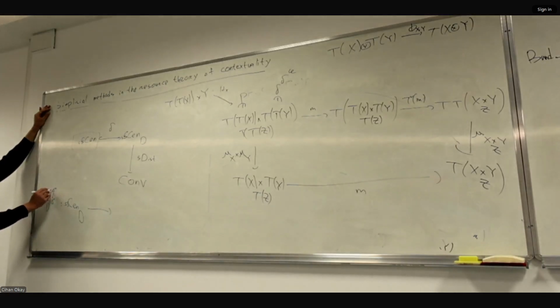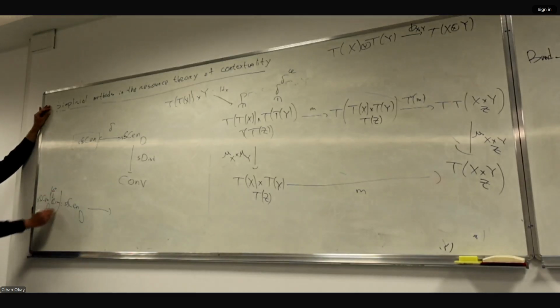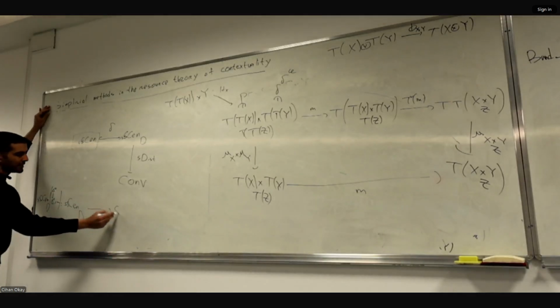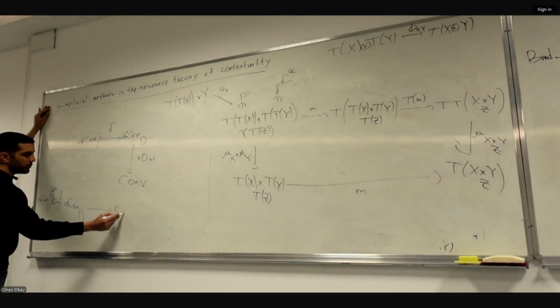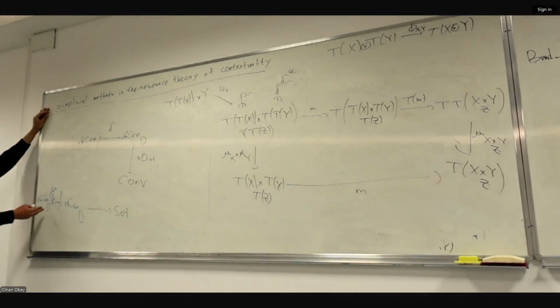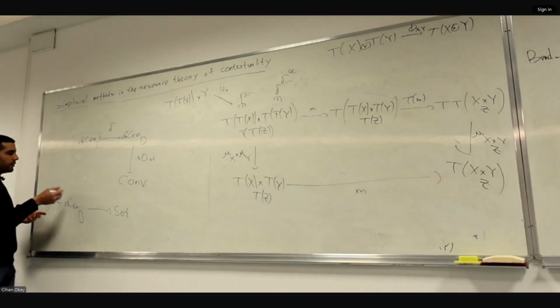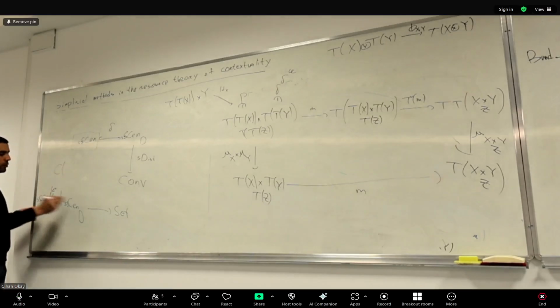This is also a scenario. It's not obvious that it lands in convex. Maybe we can explain this, but this is a functor, right? Because this is a category, for every category we can always do this representable.